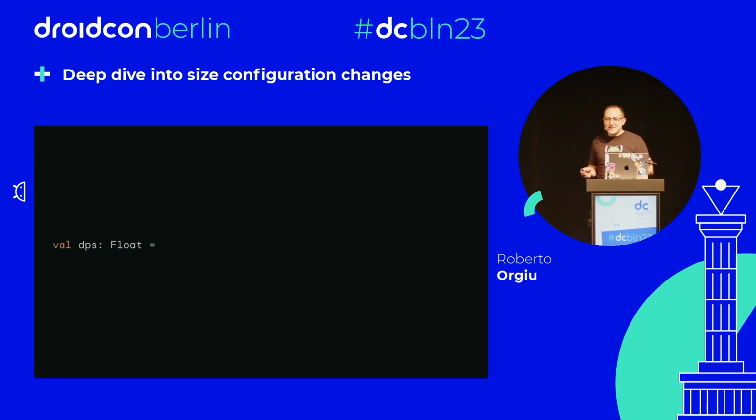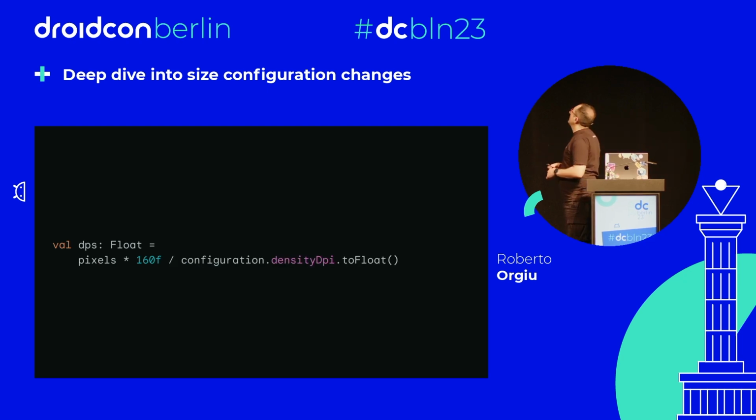So let's see how that works. So we want to calculate how many DPs we have. So we take the pixel, and we multiply by a factor of 160. And we divide it by the density DPI.